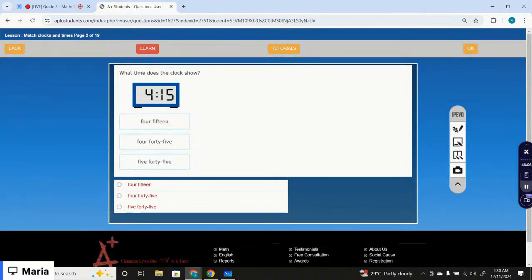What time does the clock show? Which is the correct option? That is 4:15.